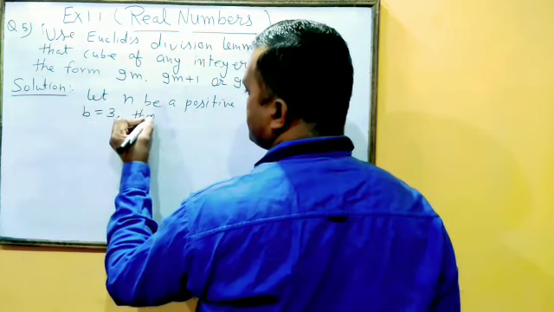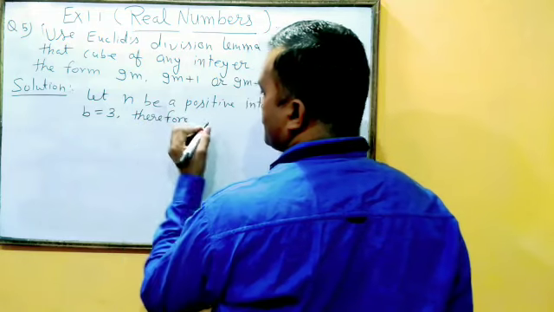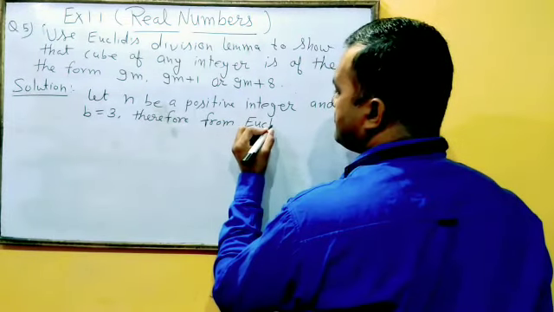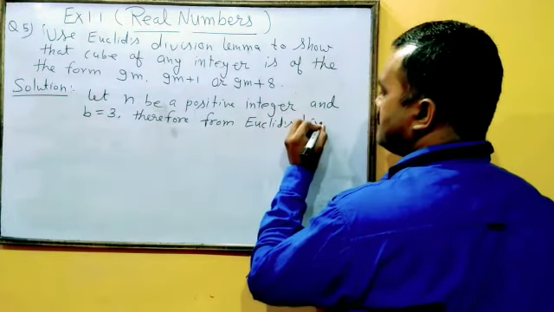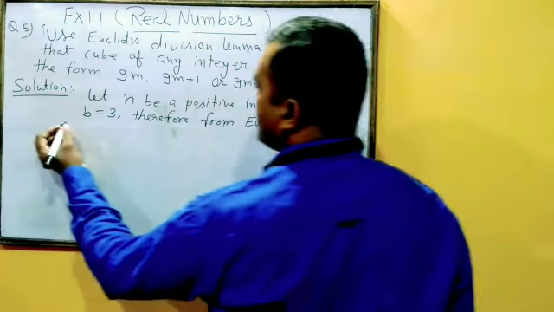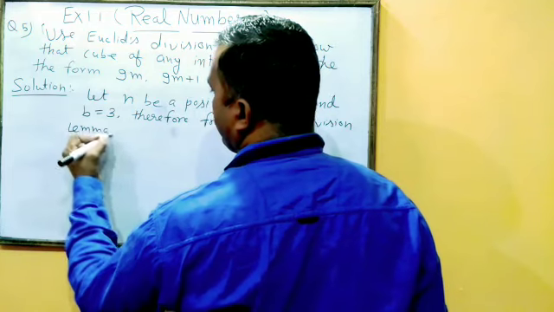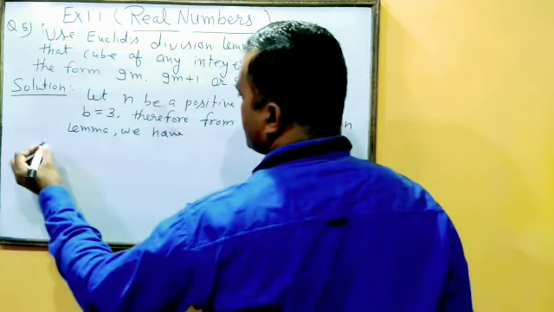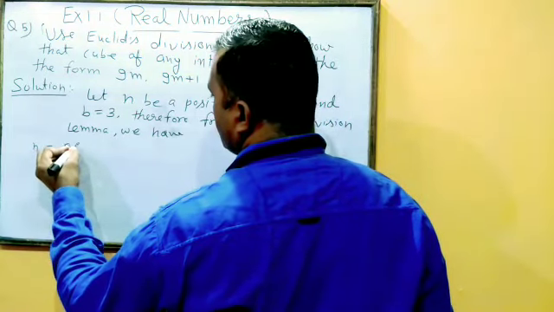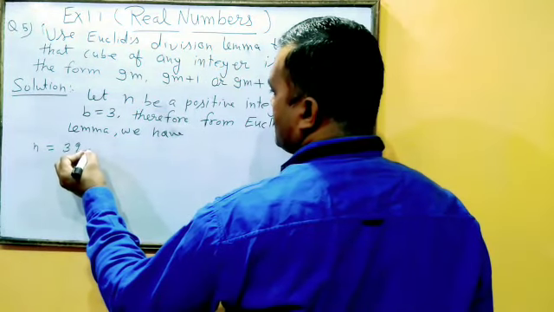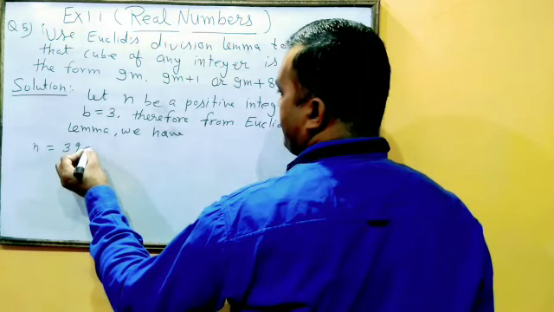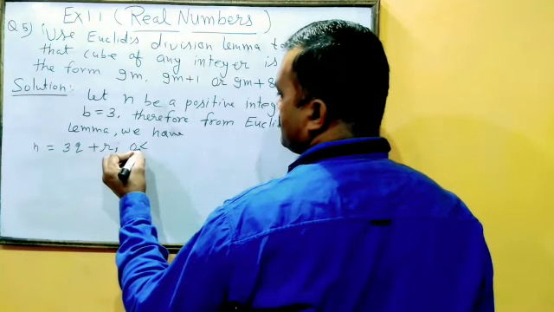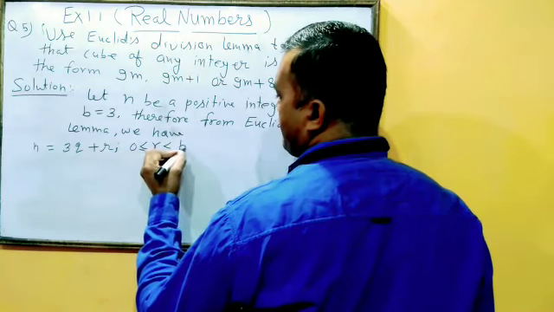Therefore, from Euclid division lemma, we have n is equal to 3q plus r, provided 0 less than or equal to r less than b.